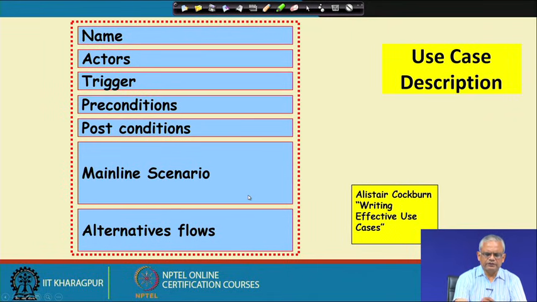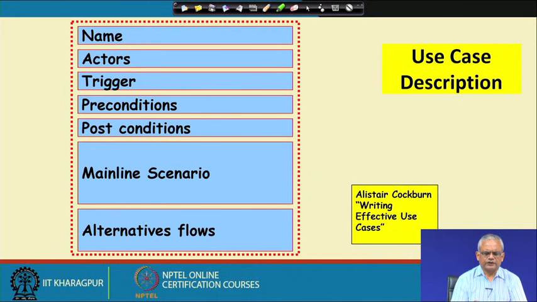We need to write the name of the use case. So, this is the text description that should accompany every use case diagram. Just giving the graphical use case model is not enough. That does not portray or give a lot of information. The detailed information is given by a text description.